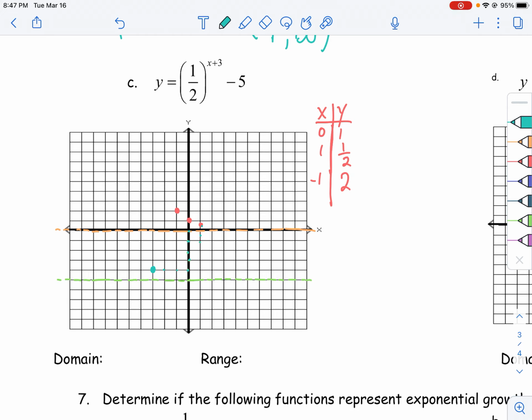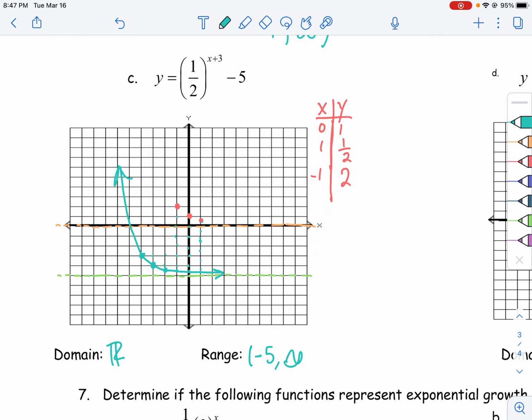And then this would be 1, 2, 3, 4, 5, 1, 2, 3. And then 1, 2, 3, 4, 5, 1, 2, 3. So then our graph is looking like this. So our domain, all real numbers. The range this time is going from, we have negative 5 as the lowest value, but not quite touching, up to positive infinity.